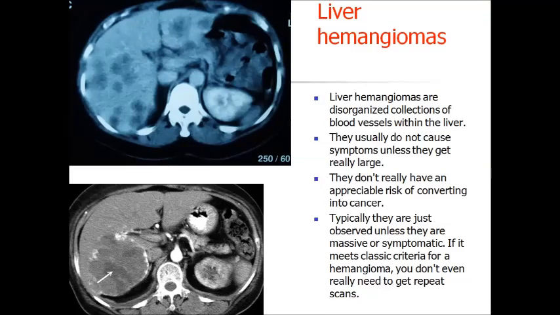What is the nature of liver hemangiomas? They are a disorganized collection of blood vessels within the liver. Usually they do not cause symptoms unless they get very large. Usually they are occasional findings and need no treatment.